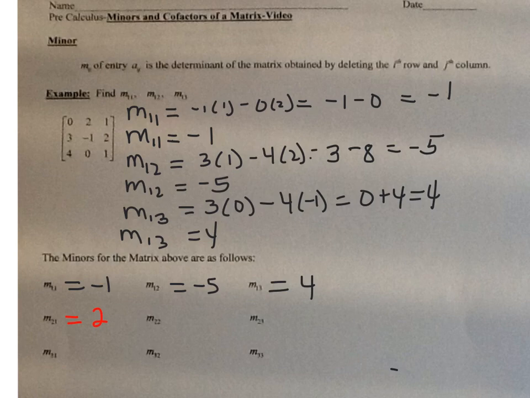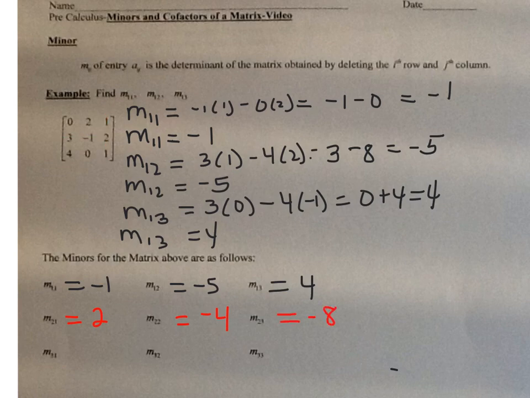So row 2, column 2. So it's 0 times 1 is 0 minus 4 times 1, which is 4. So that's negative 4. And then minor 2, 3. So it's row 2, column 3. So it's 0 times 0 is 0, minus 4 times 2 is 8, so that's just negative 8.